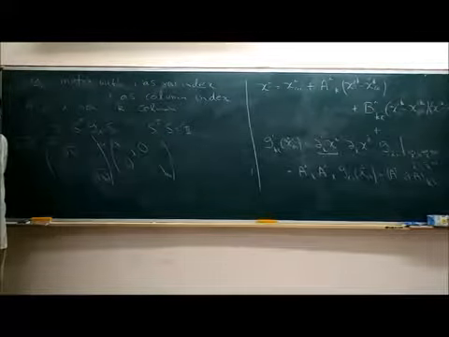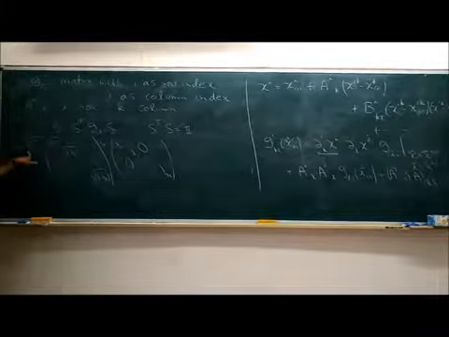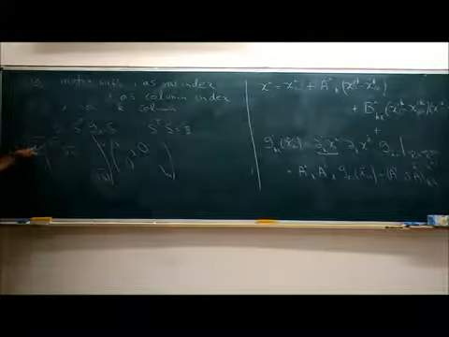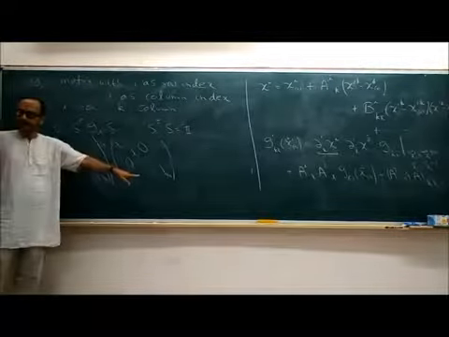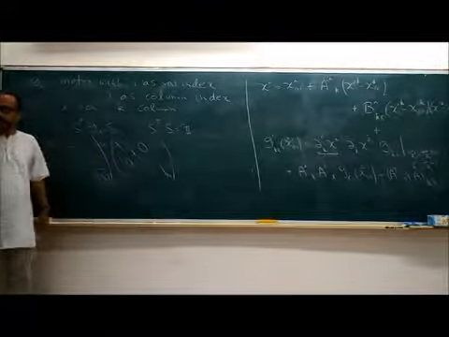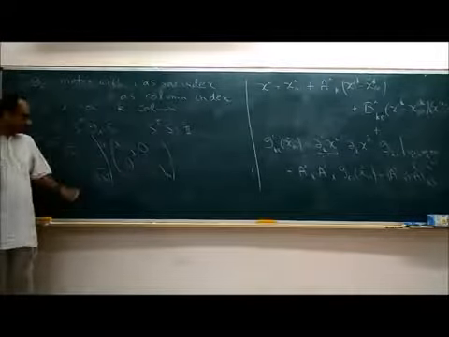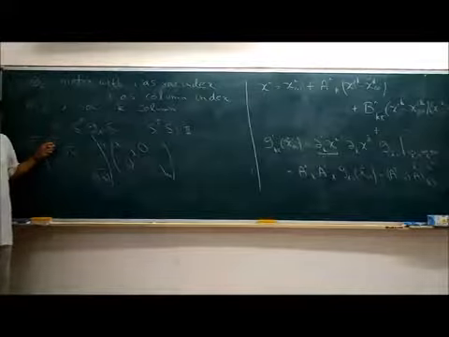This is just a definition. I am introducing a matrix R, which is diagonal, and its entries are square root of mod lambda 1, where lambda 1 is one of these eigenvalues. Lambda 1 could be positive or negative.